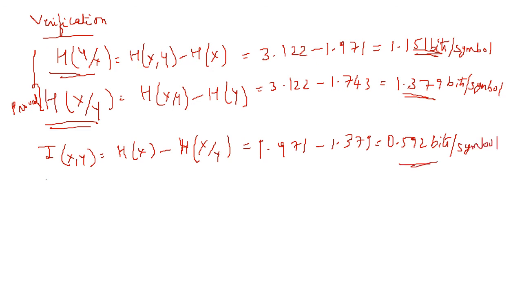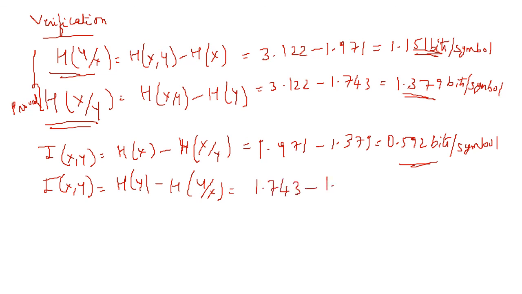That is, I of x comma y also should be equal to h of y minus h of y by x. So if you try to simplify this, h of y is 1.743 and h of y by x is 1.151.